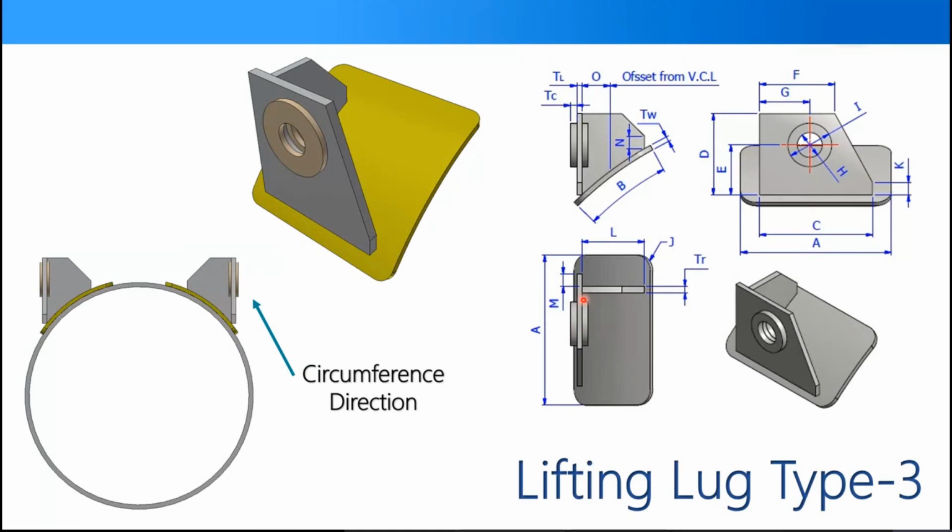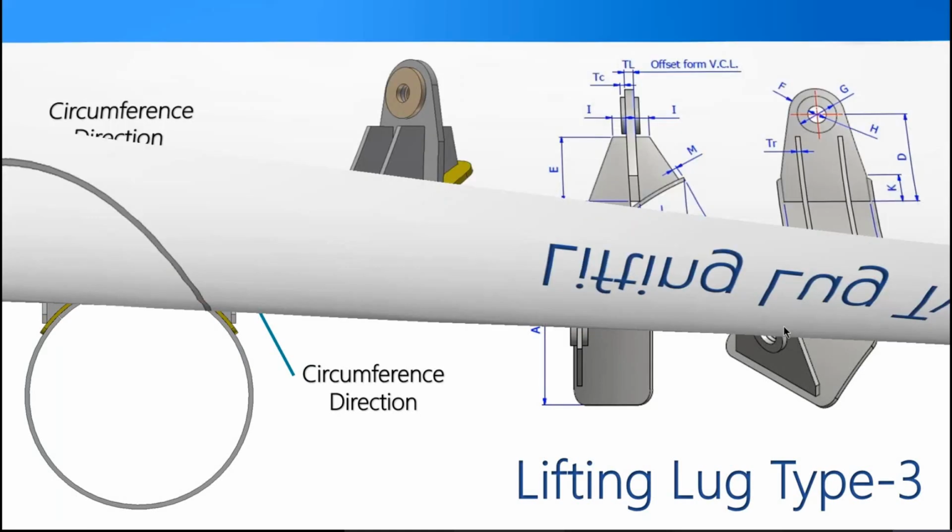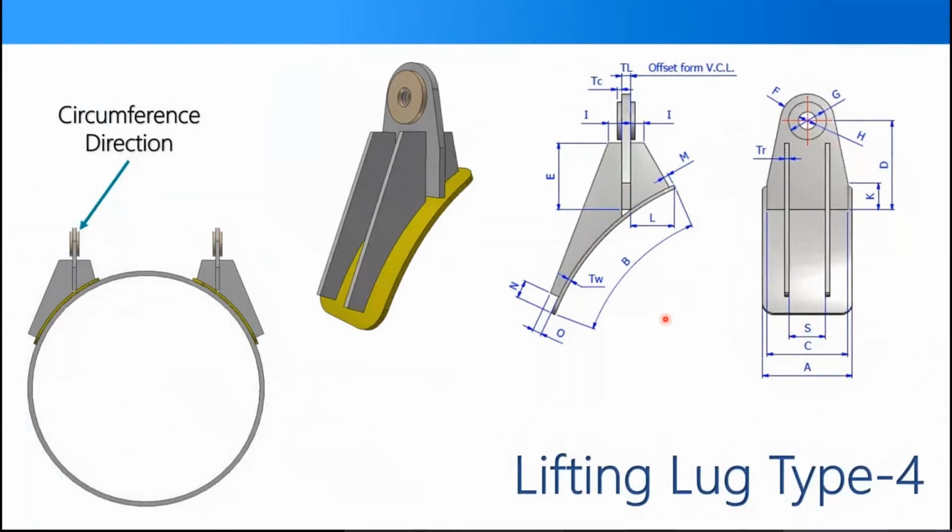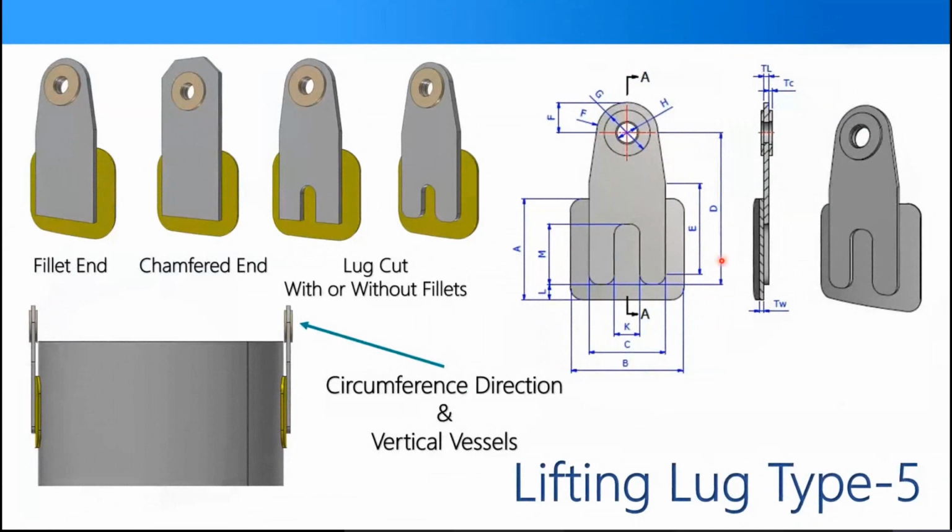For example, for this type of lifting lug, you can make this edge a straight edge like this, or you can make it with this cut, and make this cut with fillets like this. Regarding the end at the top here, you can make it with a fillet or with a chamfer, so it's an option.